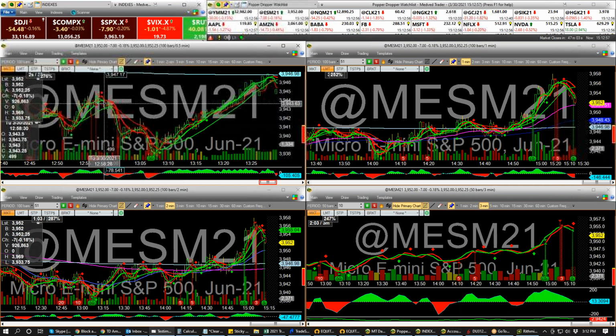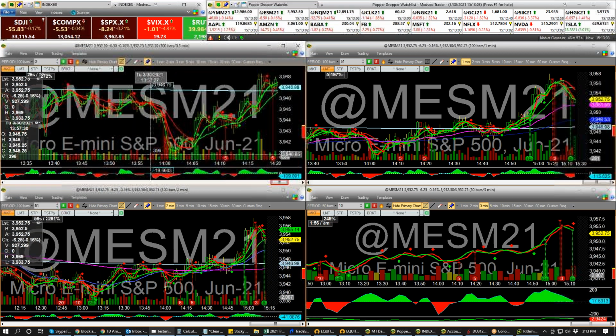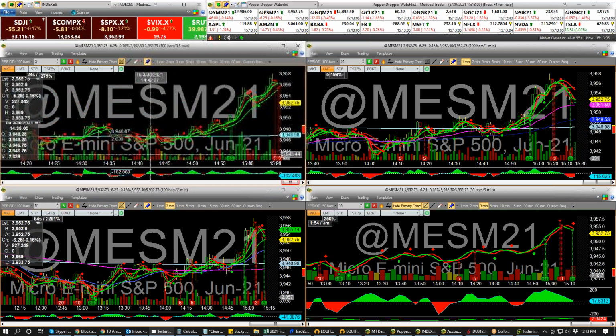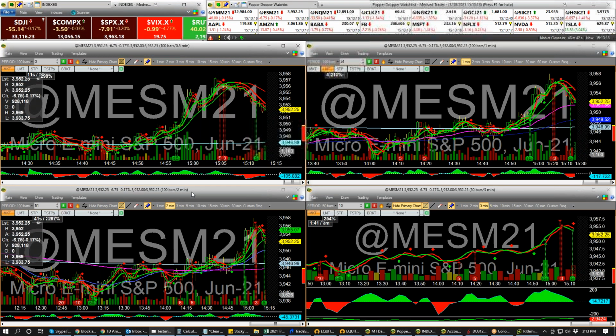I added and added and added, and so it was 50, which is basically 5 standard contracts. Most of these have been 5 micros, which is basically 1/2 of a standard.